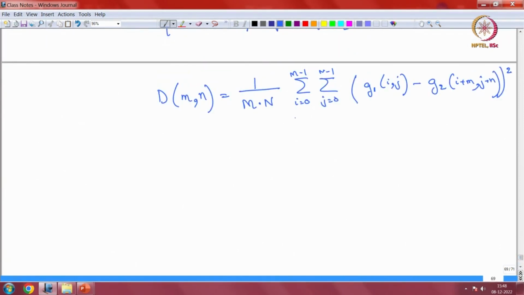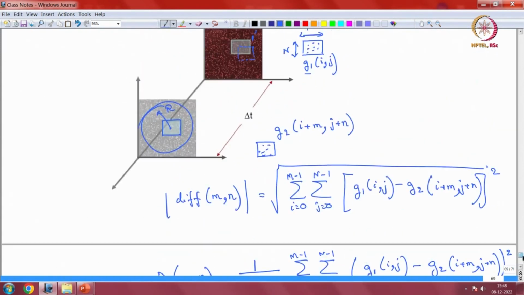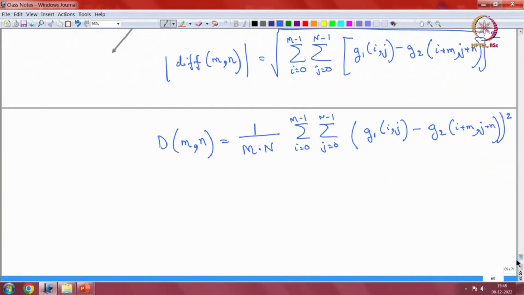This difference is telling you the differences between G1 and G2. When there is an exact match, this difference will be the minimum. It may not be exactly 0, but it will be a minimum. The reason it need not be 0 is because you may not have the exact same match in the second image. The match may be very close but not exact.